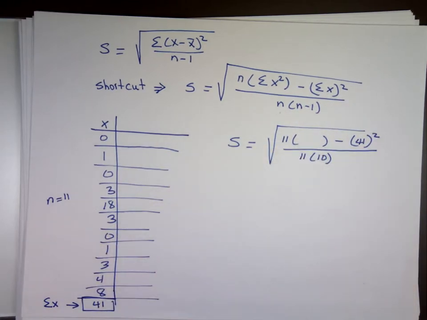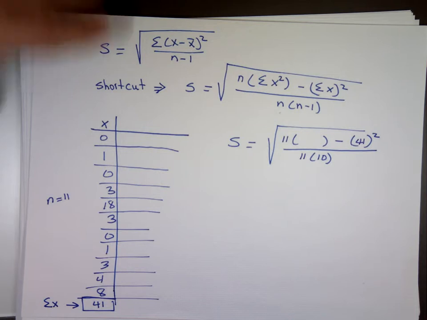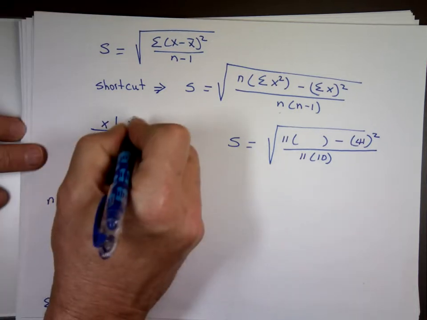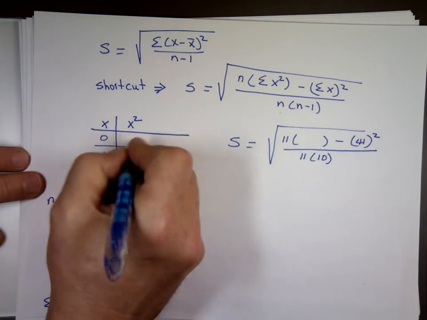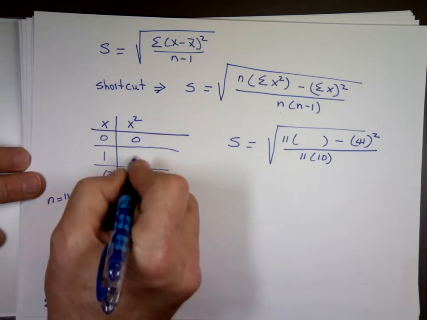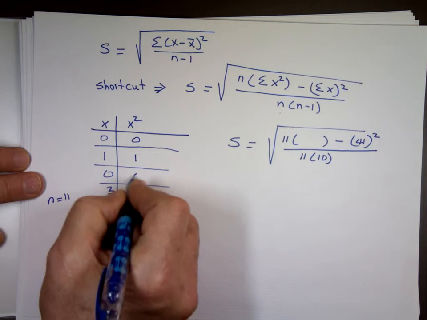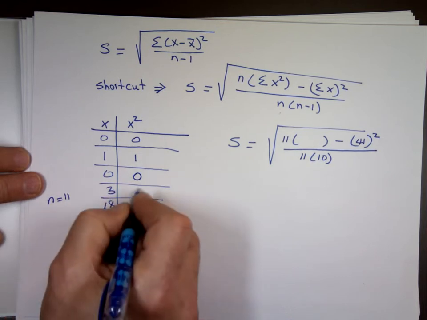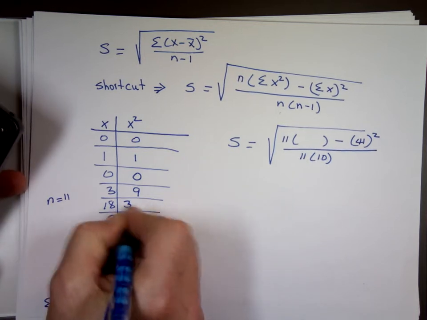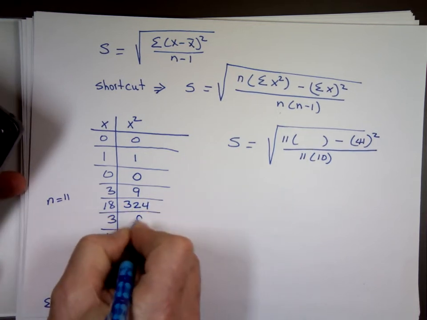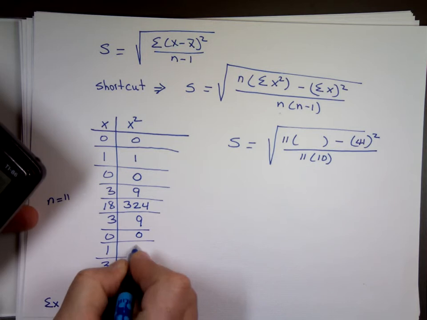So now let's get x squared and add them. And I don't have to subtract anything. What is 0 squared? 0. 1 squared, 1. 0 squared, 0. 3 squared, 9. 18 is a big number. 18 squared, 324. 9, 0, 1, 9, 16.